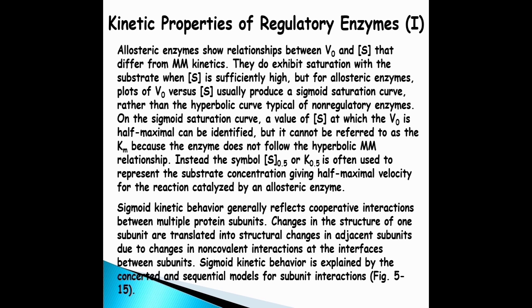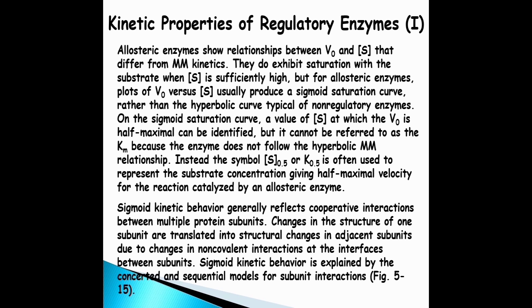On the sigmoid saturation curve, a value of [S] at which the V0 is half maximal can be identified, but it cannot be referred to as the Km because the enzyme does not follow the hyperbolic relationship. Instead, the symbol [S]0.5 or K0.5 is often used to represent the substrate concentration giving half-maximal velocity for the reaction catalyzed by an allosteric enzyme.